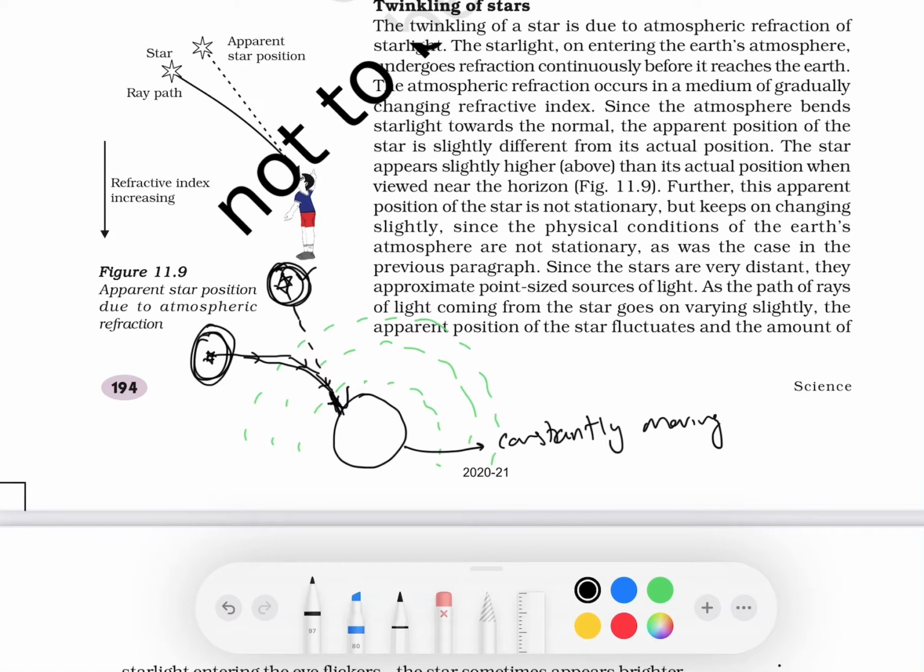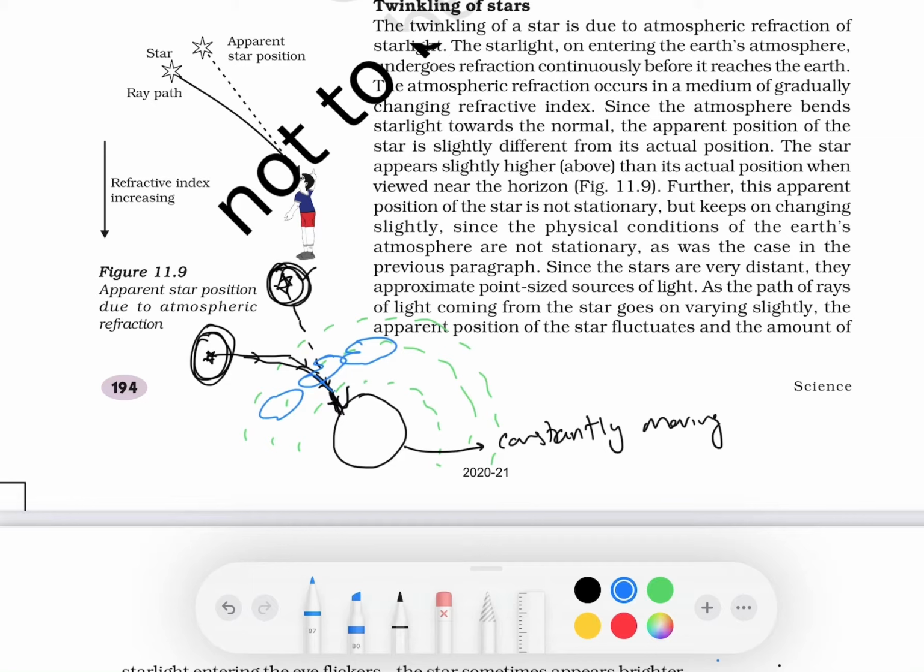For example, the instant you saw a star, the next instant its image is formed somewhere else because of the motion of Earth. Along with it, in the atmosphere there are clouds which may come in between when the images are formed. So to your eyes, the image of the star is sometimes formed, sometimes not formed.